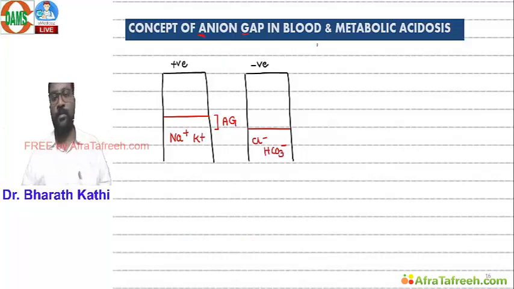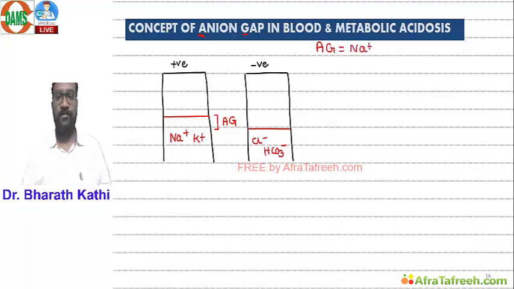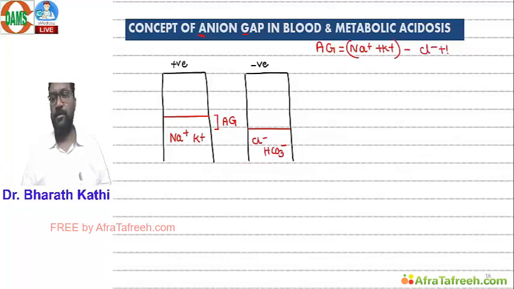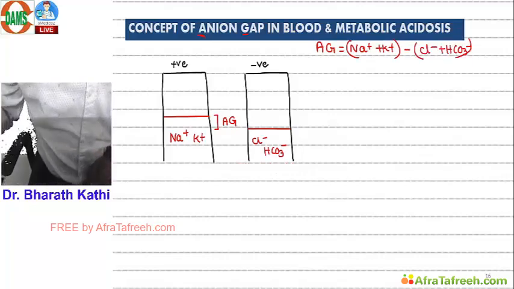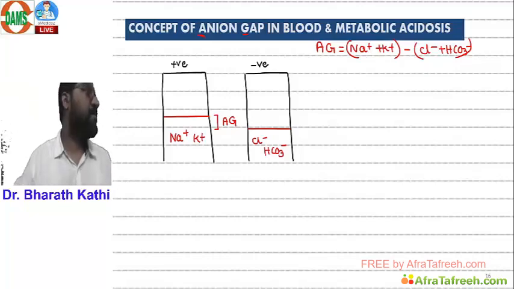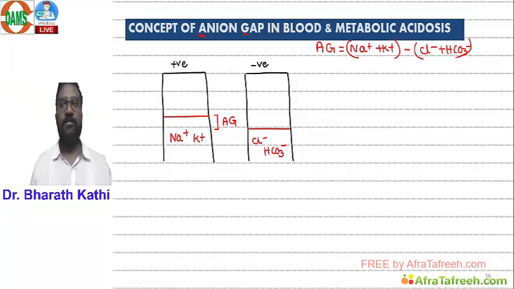Write down. Anion gap is considered as the difference between measured positives and measured negatives.